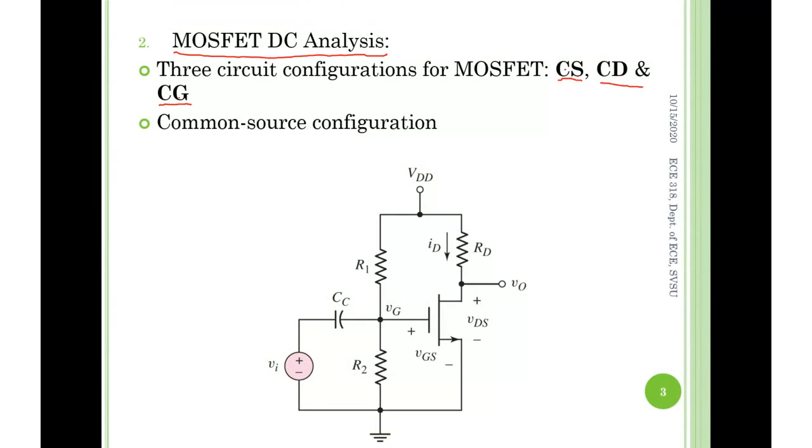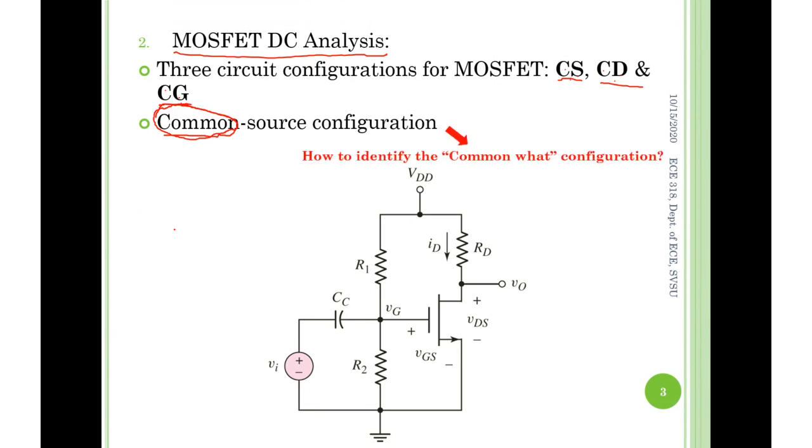However, the first letter C represents what? Common. It's the word common. How to understand this common? This is very important. What does it mean by common source, or common drain, or common gate?